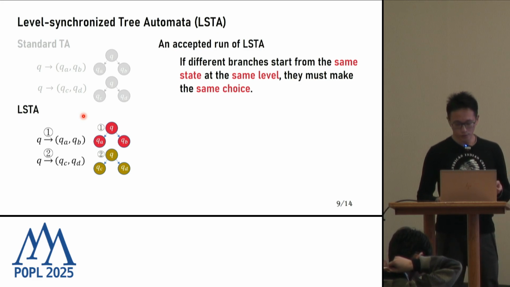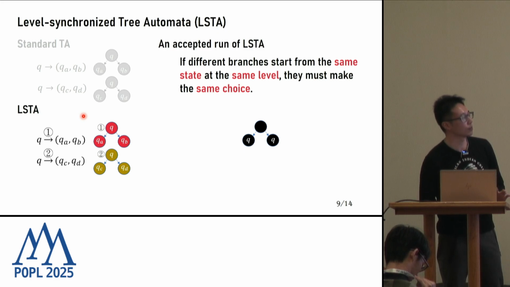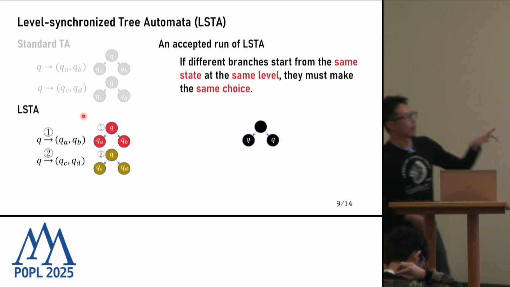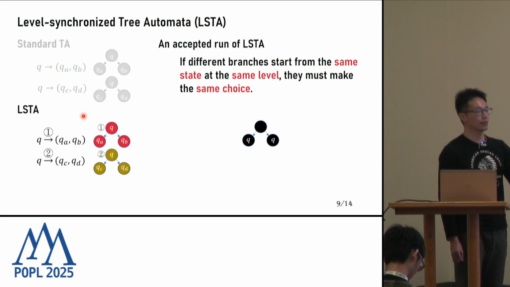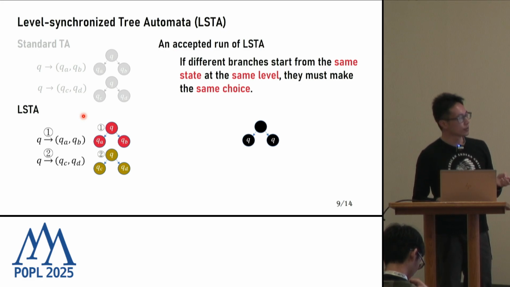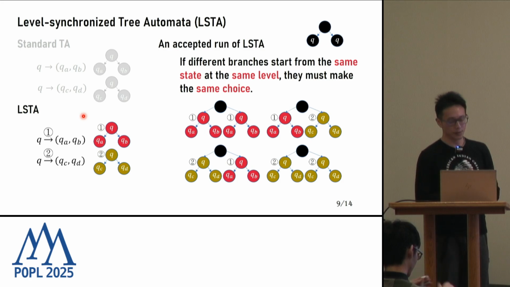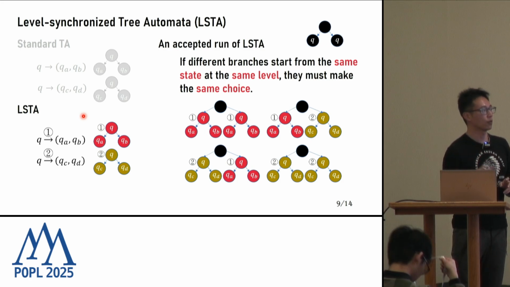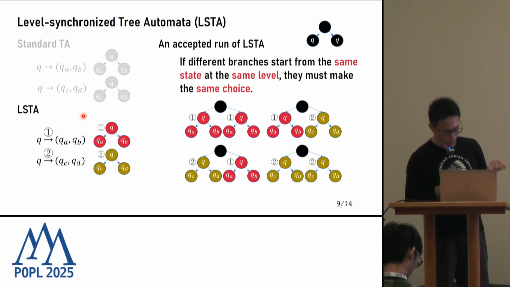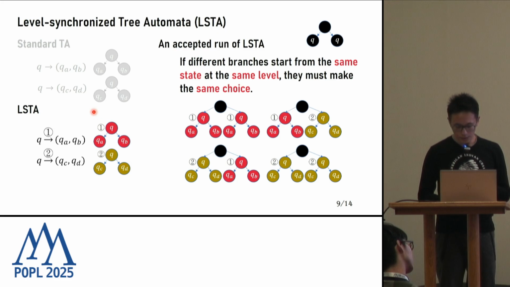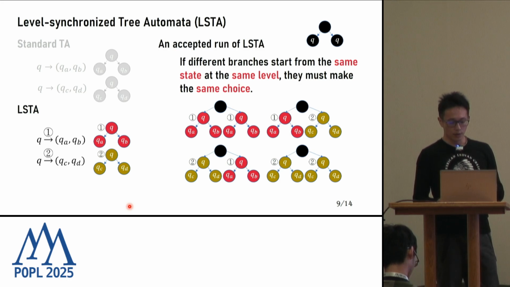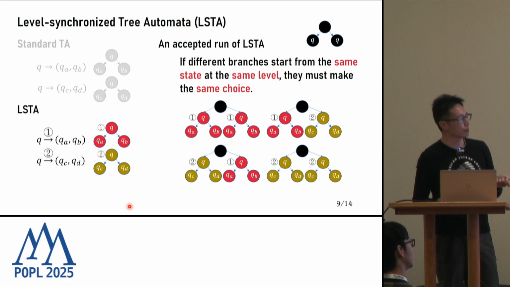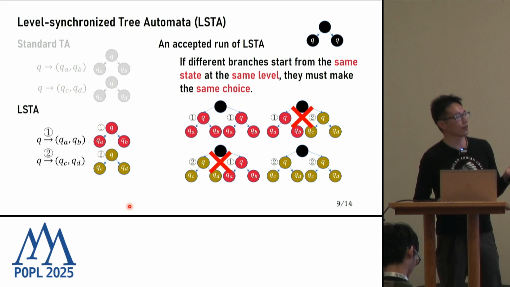I will demonstrate this idea with this partial run. As you can see, both the left and right nodes are at the same state. So there will be 4 possible following runs for this partial run. Since we have the restriction that different branches starting from the same state at the same level must make the same choice, these 2 partial runs are actually illegal.